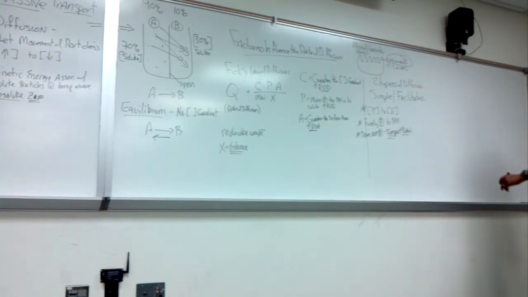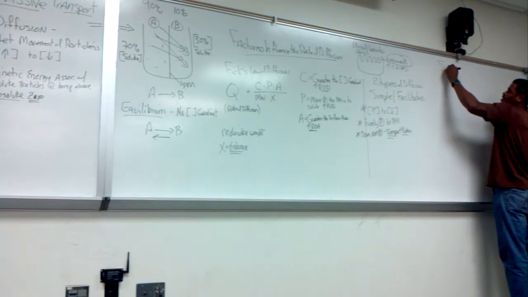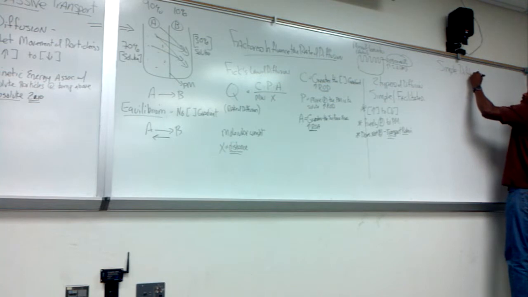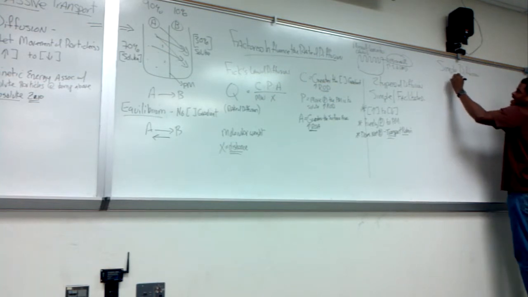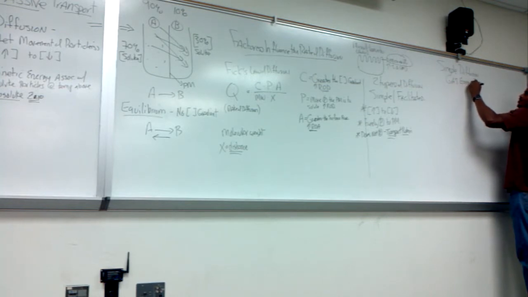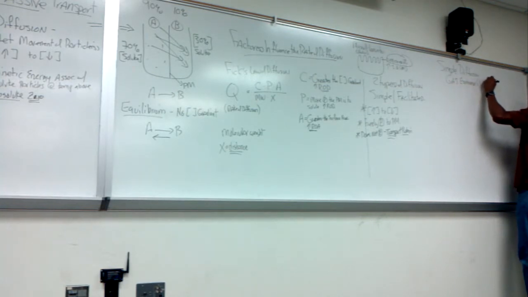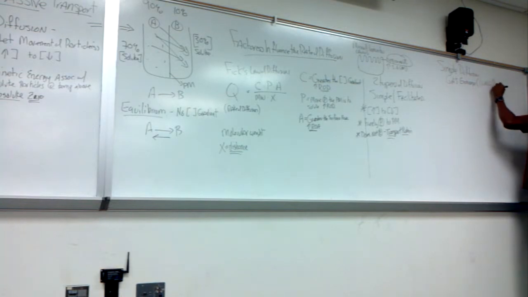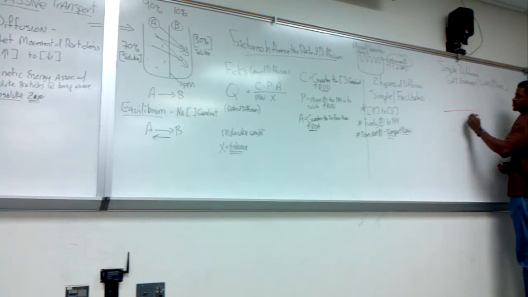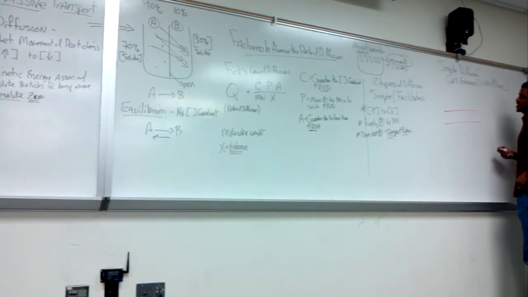An example of simple diffusion will be gas exchange between the lung-blood interface. So if you take a look at an example of simple diffusion, this represents a blood vessel.